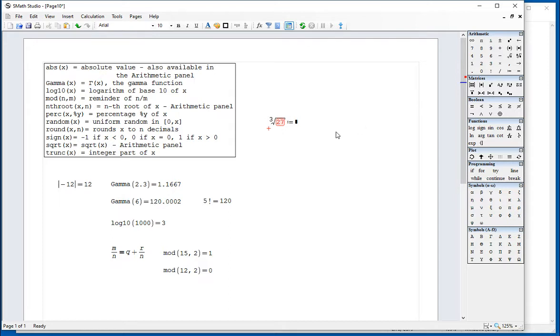quotient plus a certain remainder divided by the denominator. And so the function mod, actually called modulus, it gives you the remainder. For example, if you say mod of 15(2), it's going to give you a 1 because the remainder of an odd number divided by 2 is 1.